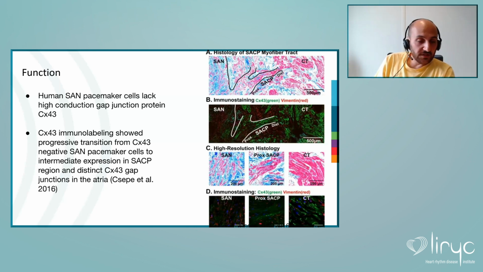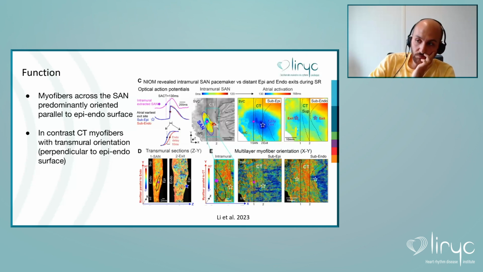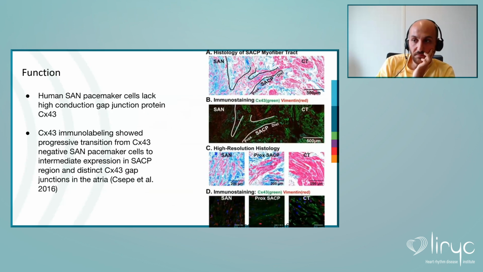And I noticed this old paper because, as it says, when the place that starts the propagation has small conduction, it can make the propagation move to the higher conduction part. So in this way, again, connexin 43 really matters, besides the myofiber orientation that I was talking about.